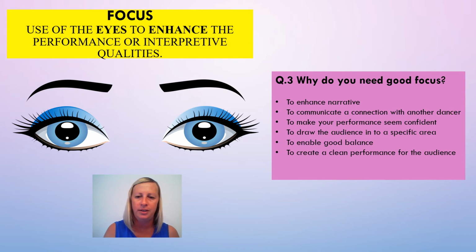So focus is about communicating and making a connection with another dancer, or it could be connecting with the audience, drawing them in, making the performance clean and interesting. So that could be your note taking. I wouldn't write it out word for word, I would just note take. So then the next slide is going to be where we have a look at how you'd improve it.